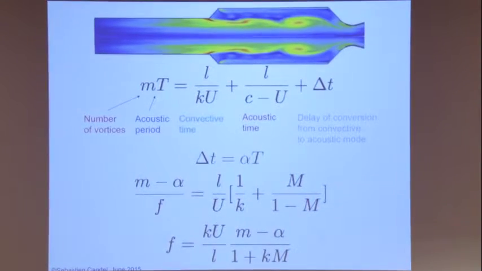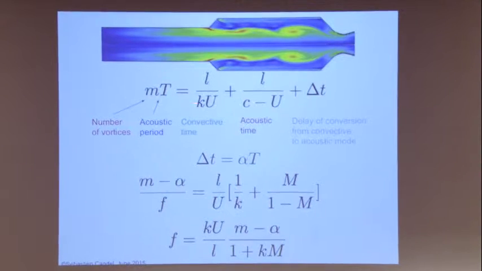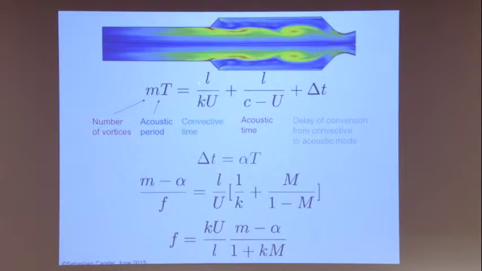And you can actually see when that mechanism becomes important. So suppose this is the period, the acoustic period, and you have the number of vortices here. So the period is the acoustics in this big setup. It corresponds to the resonant frequencies of this device.